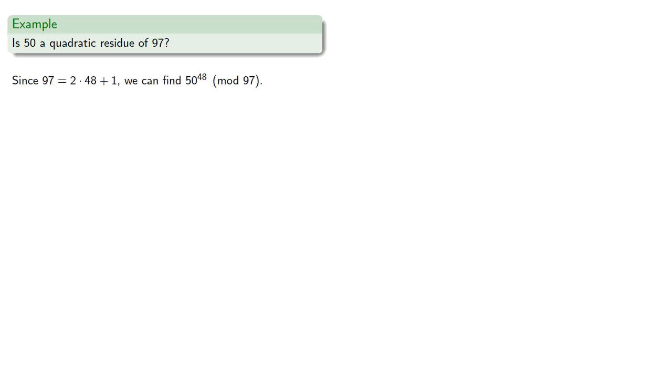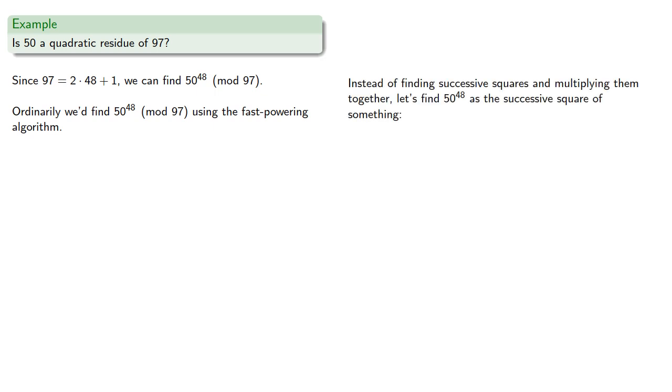Since 97 is 2 times 48 plus 1, we can find 50 to the power 48 mod 97. Now, ordinarily, we'd find 50 to the 48 mod 97 using the fast powering algorithm. But let's consider a variation. Instead of finding successive squares and multiplying them together, let's find 50 to the 48th as the successive squares of something. What do we mean by this?